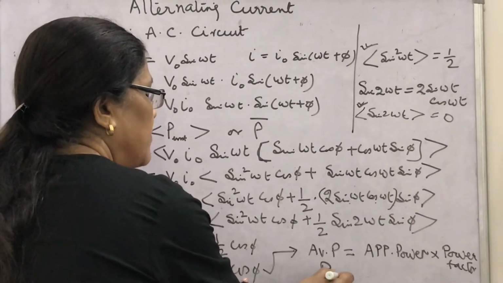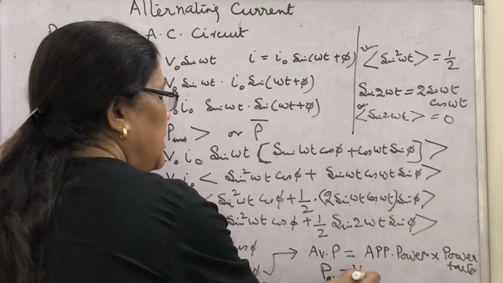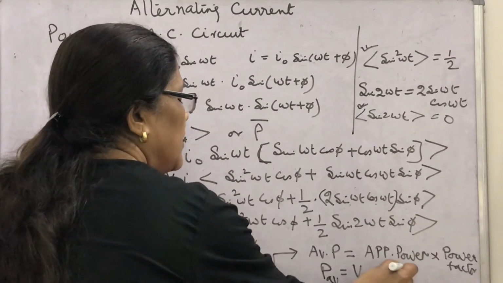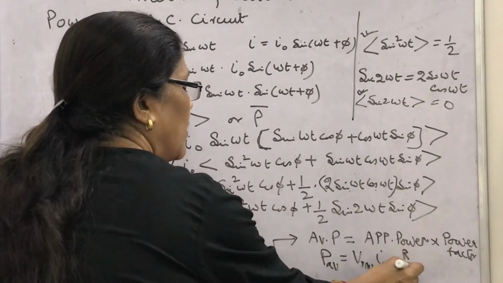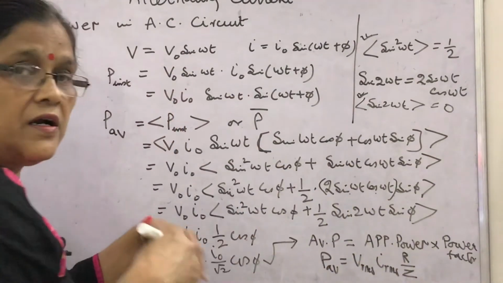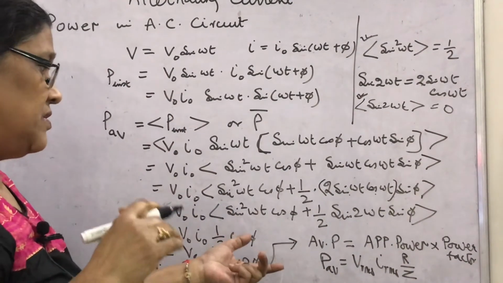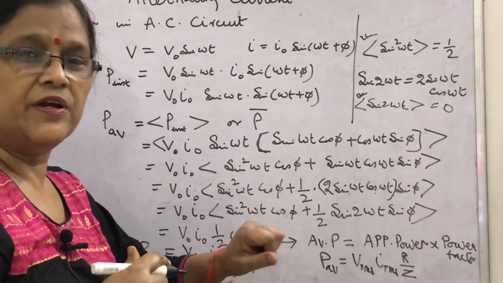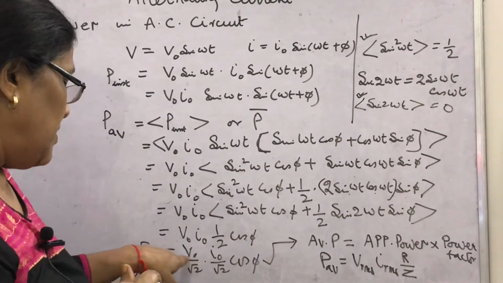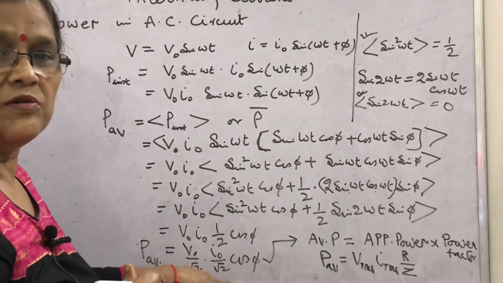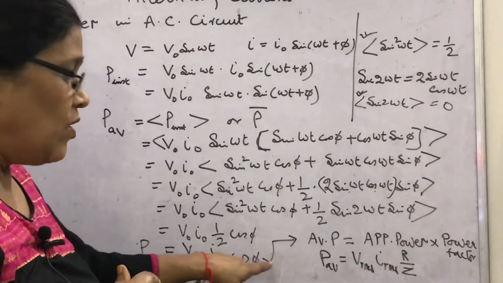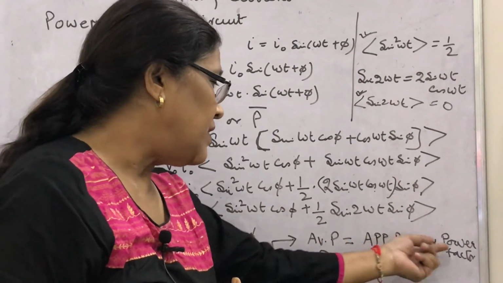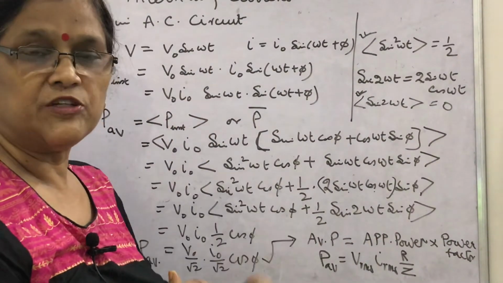This P average is VRMS into IRMS into R upon Z. Learn in any of the relations, if RMS values are given, you can use this. If peak values are given, you can use this along with the phase angle or along with the impedance and resistance, or inverse apparent power, power factor and average power.